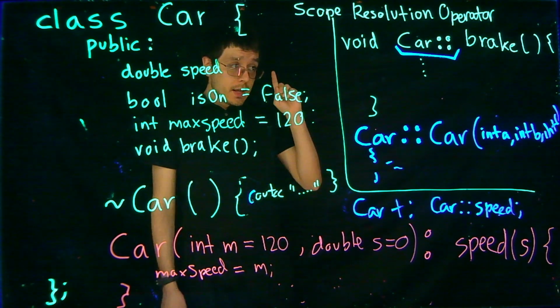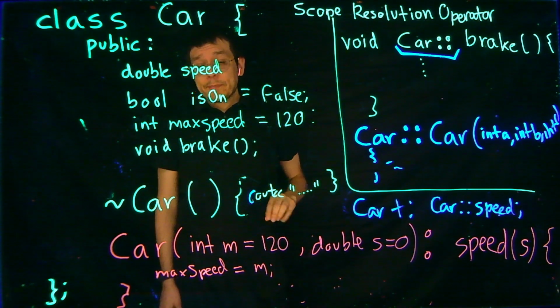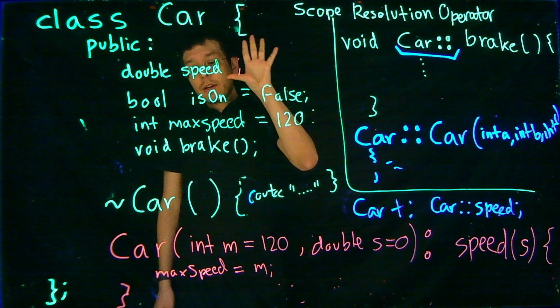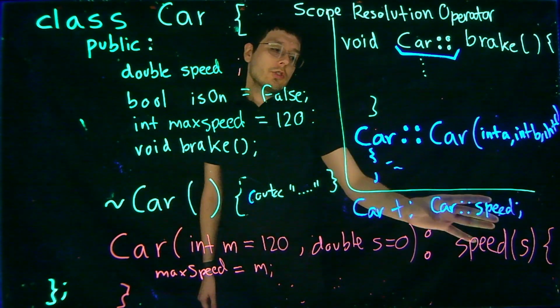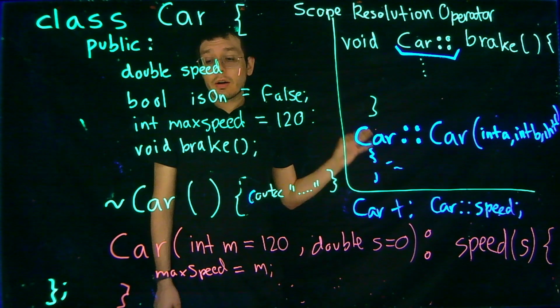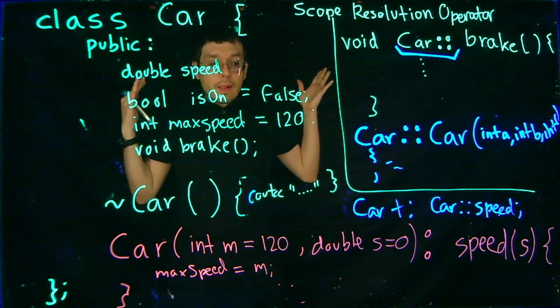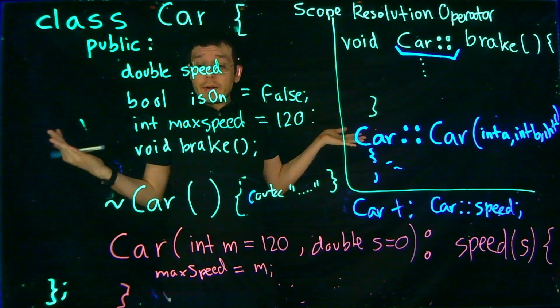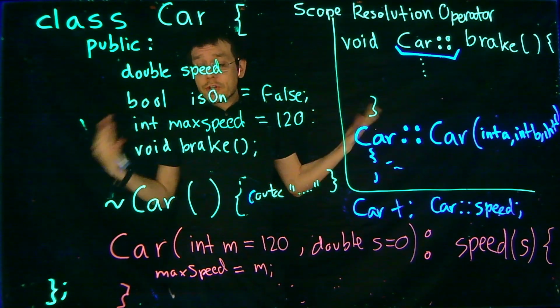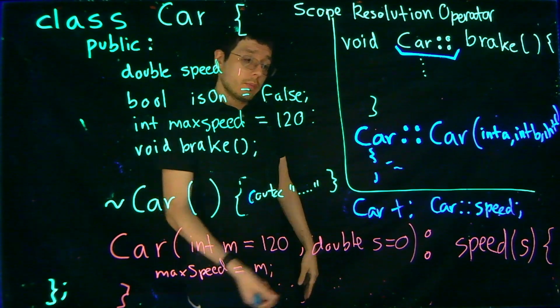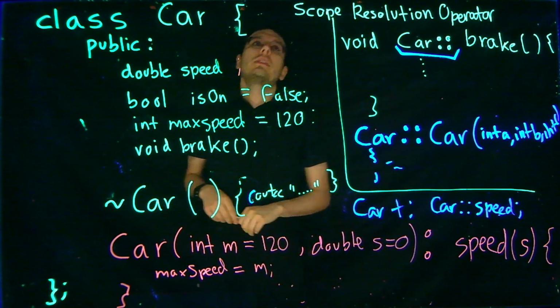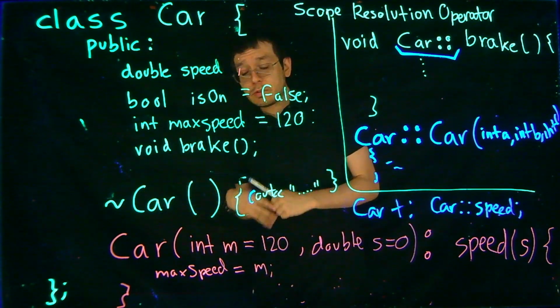However, this variable here is created when the car object is created. Here, you're not referencing any specific car object, and so because of that, it doesn't know. It's like, okay, whose speed? Which car? You've got to tell me which car, otherwise I don't know. So because of that, that would not compile. There is one exception, and again, it comes down to statics.